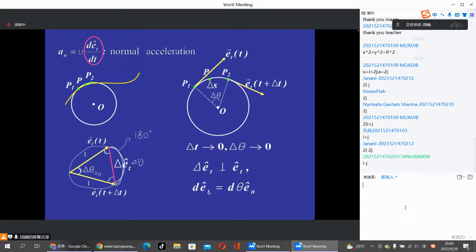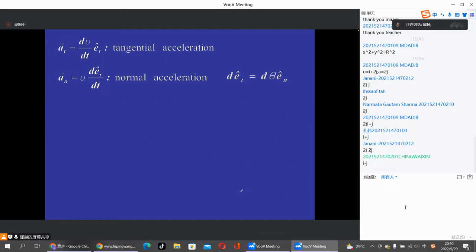So det equals d theta en. Okay, having proven this, we can rewrite det/dt as d theta/dt en, so an term becomes v d theta/ds en.